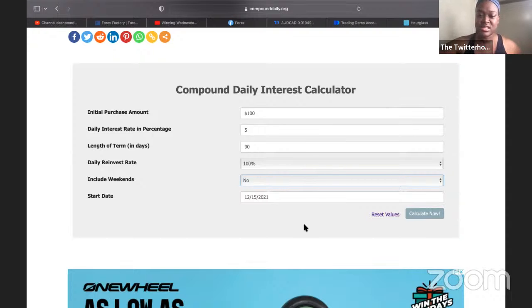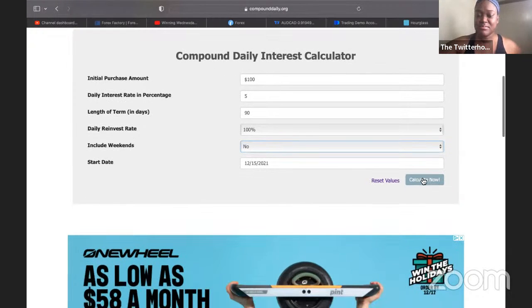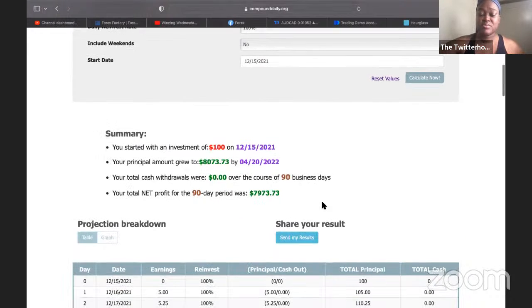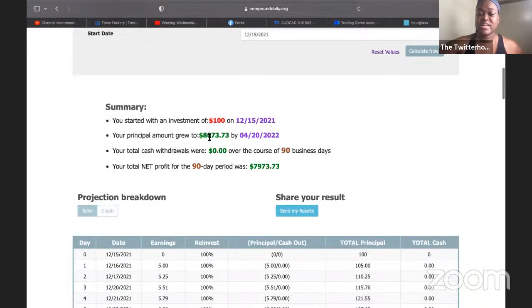Based on this, we can have a plan in place. So $100, growing it 5% for 90 days, reinvesting 100% is going to be a little over $8,000, right?